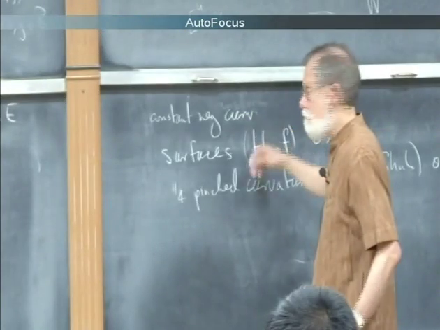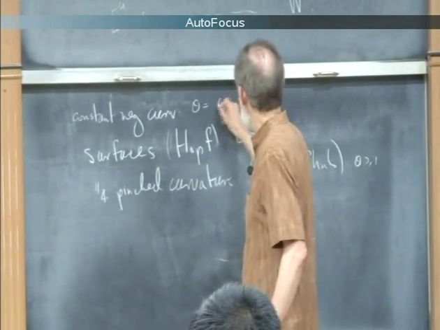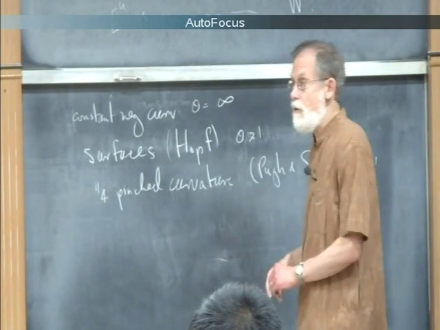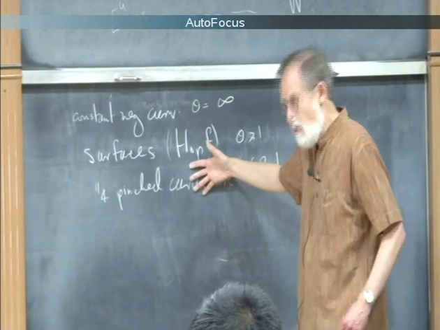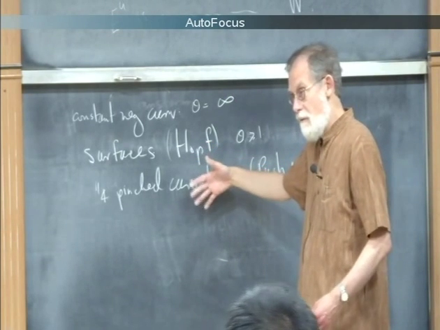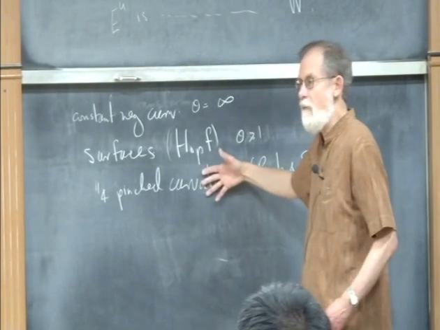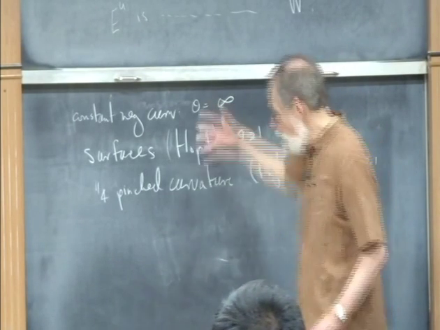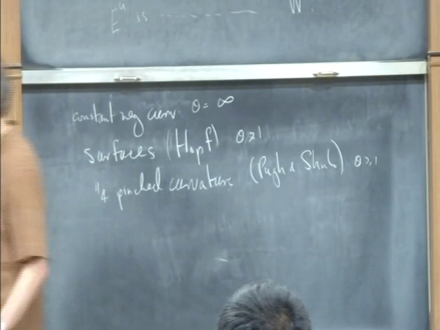Here, theta equals infinity. And obviously, if you have something like complex hyperbolic manifold geometry, here theta would again be infinity. So there are exceptional cases where things are much, much smoother than the general theory would predict.